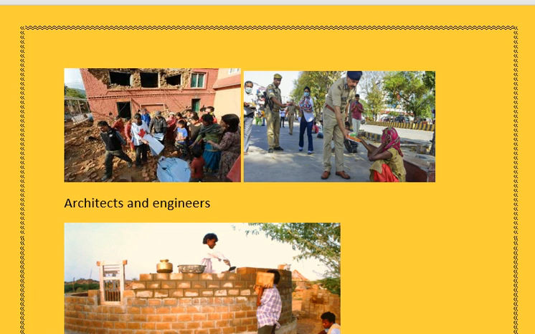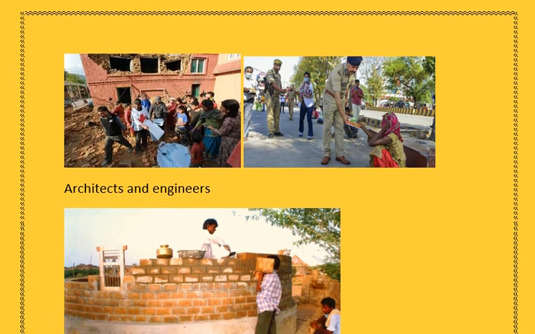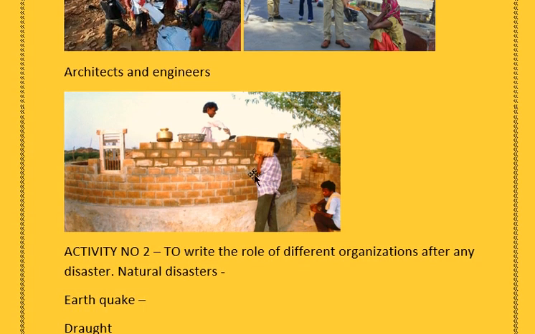And after this, the scientists, architects and engineers help these people to rebuild their houses in a proper or safer form, so that next time if the same natural calamity hits that place, they may be safe from that disaster. In this way, we come to know that the different organizations help together to improve the situation of the disaster-hit place.